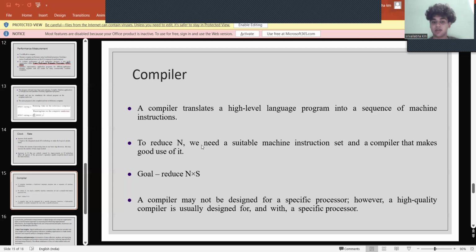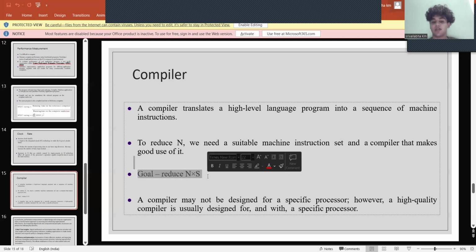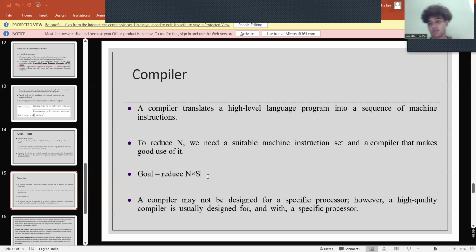To reduce N, we need a suitable machine instruction set and a compiler that makes good use of it. Our goal is to reduce N and S; if N and S are reduced, T is also reduced, the clock rate R will be increased, and by that performance is also increased. Here the main goal is to increase the performance.